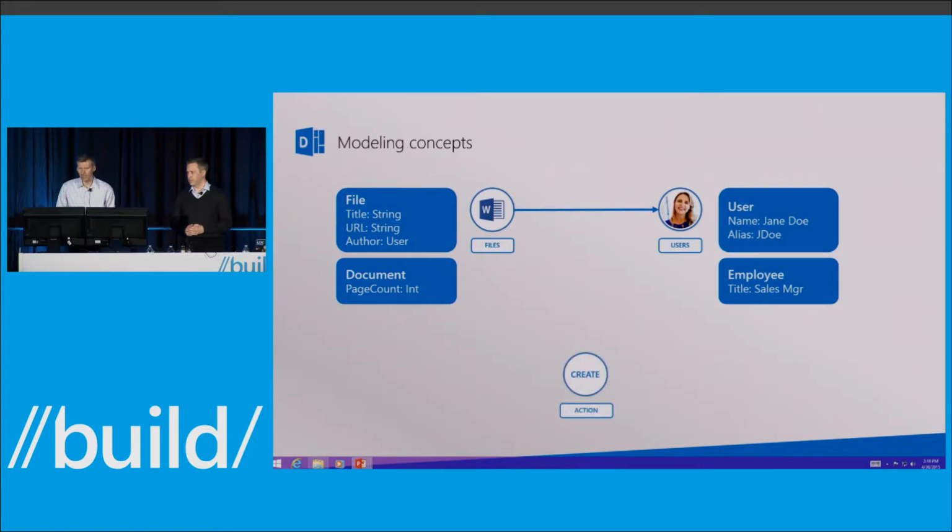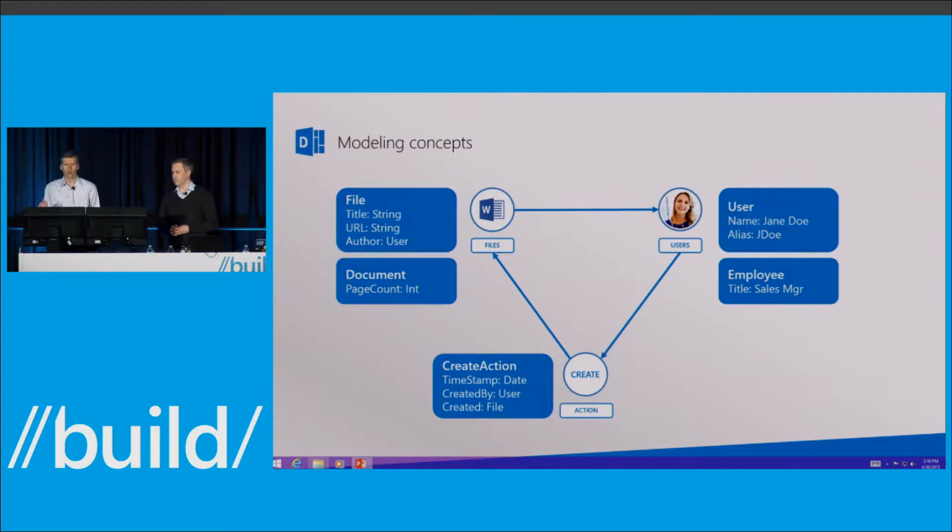Then we have these action nodes, which represent actions taken by users. And a typical action node will be like this, where you have a timestamp when this action was done, which user performed the action, and what object the action was performed on. In addition, there will be a number of contextual information as well, such as which app the user used to take this action, and so on.